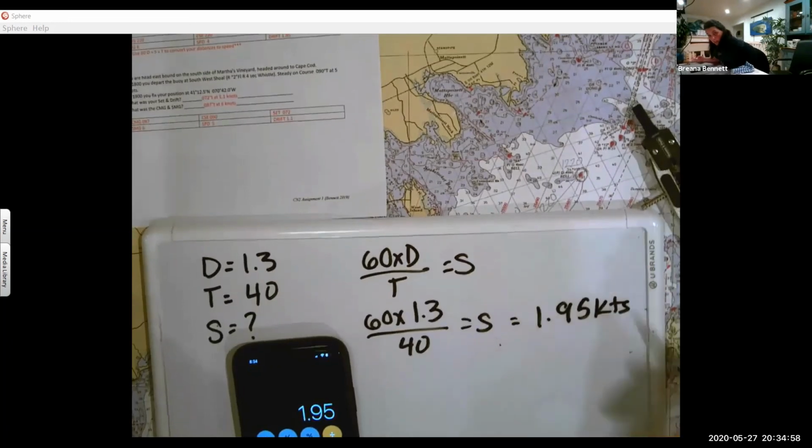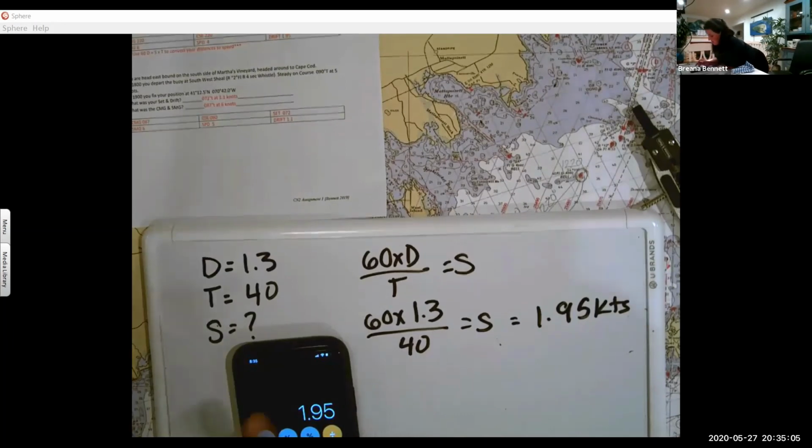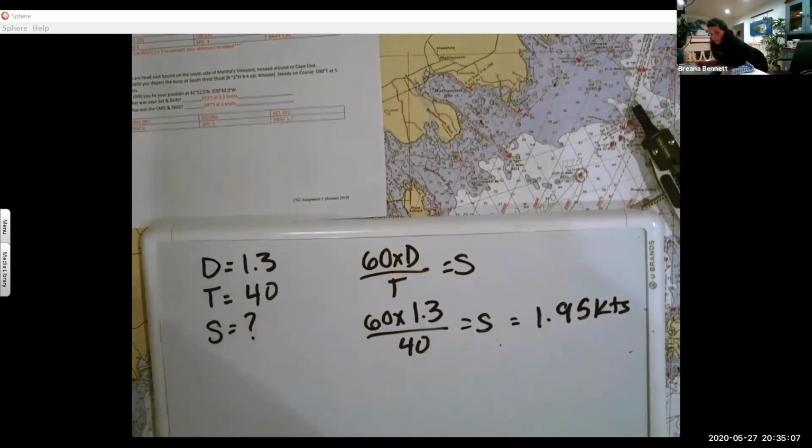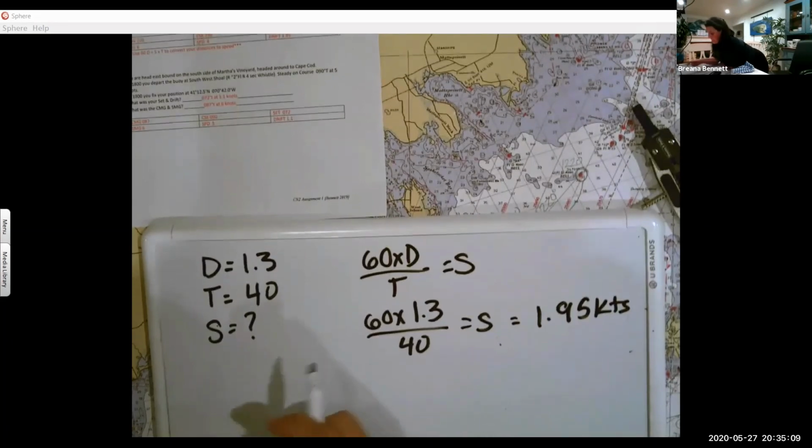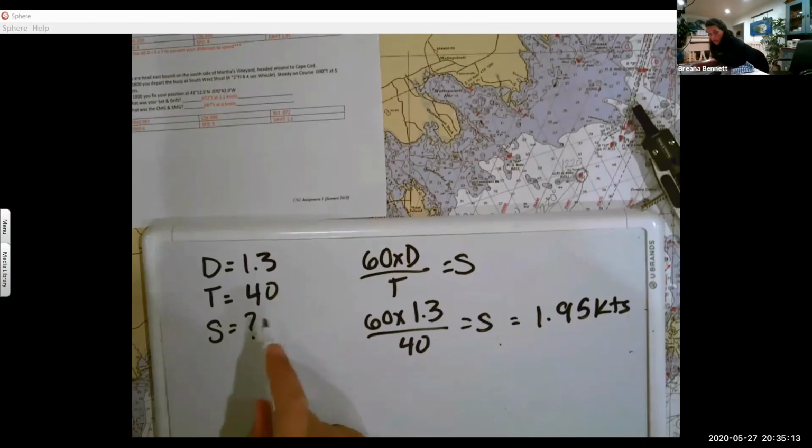So I have a following current of almost 2 knots. Do you see how we had to put our distance back into 60D street because our time was not 1 hour?